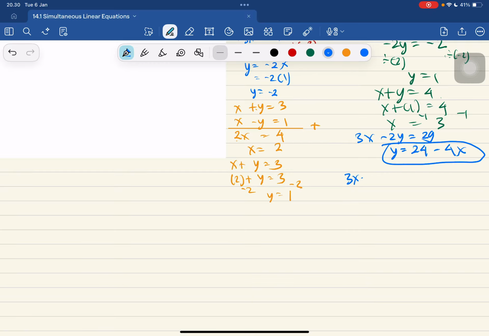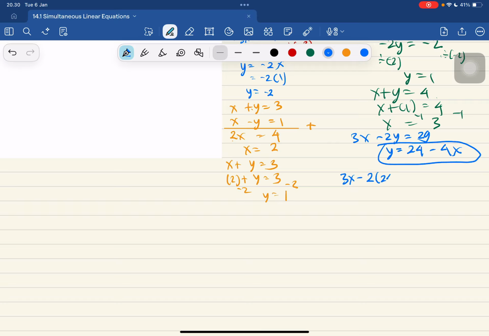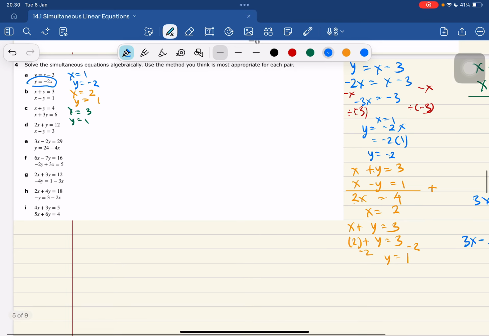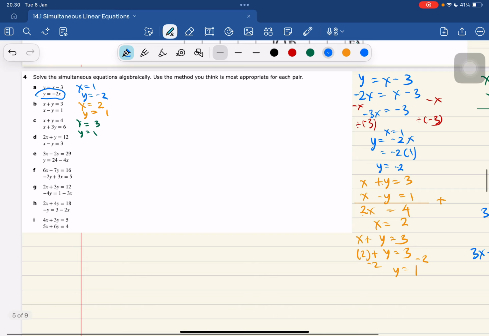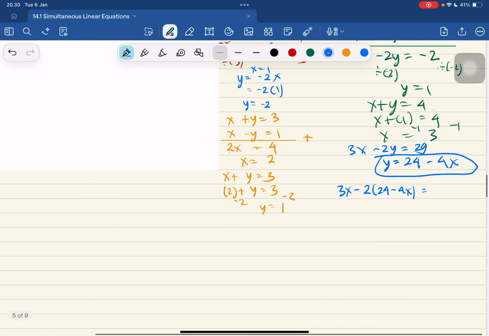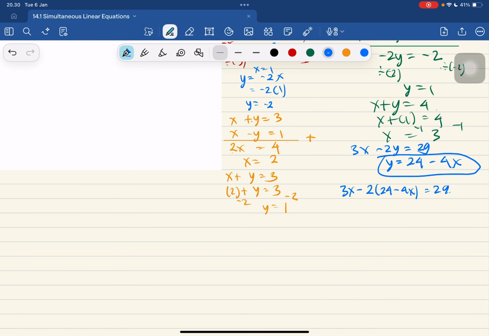So 3x minus 2 times (24 minus 4x) equals 29. So 3x, minus 2 times 24 is minus 48, minus 2 times minus 4x is plus 8x, equals 29. It's going to be 11x.